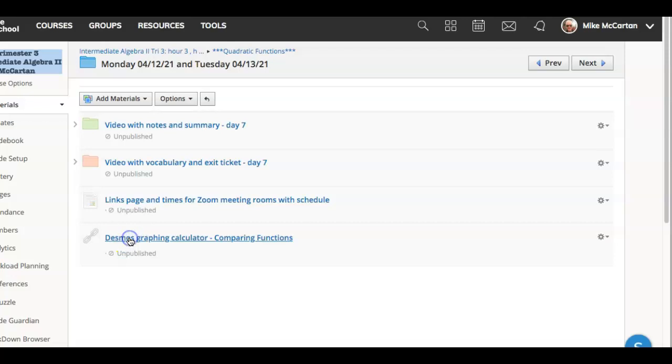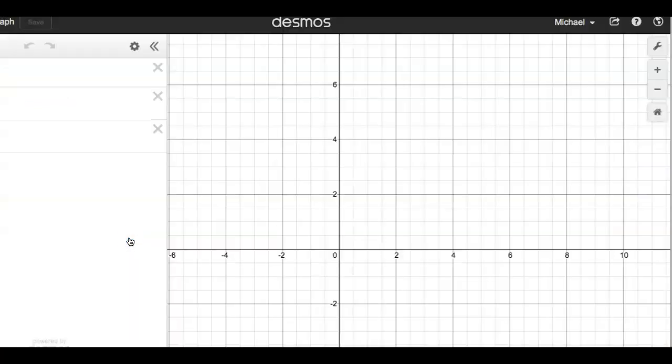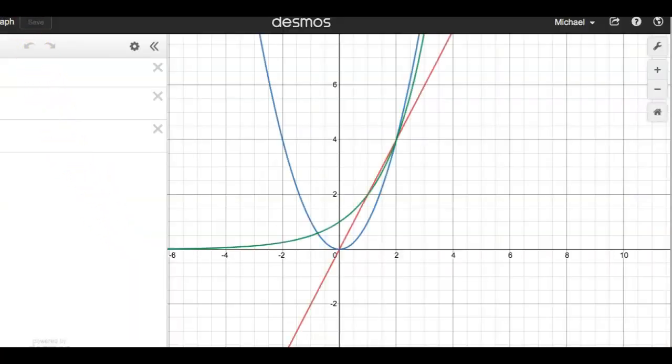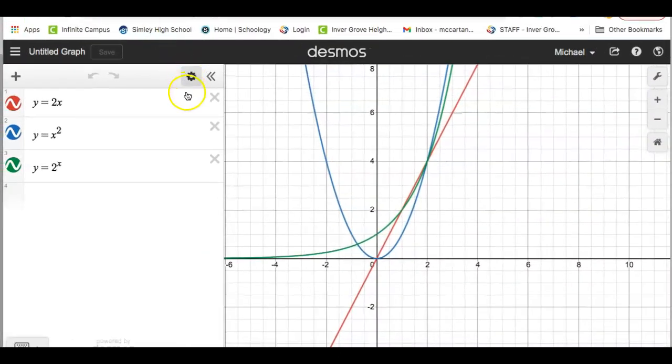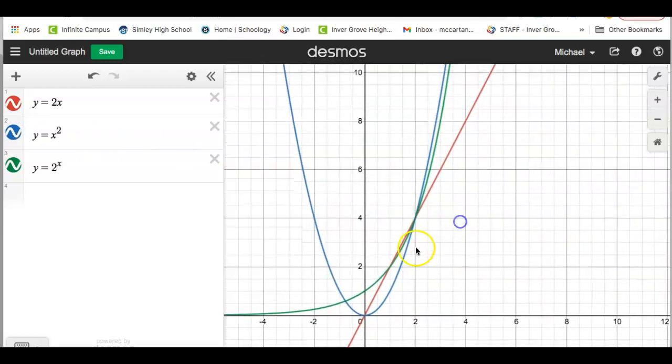This link, if you click on it, will open up so you can look at it. And again, you can get rid of the linear one, or just get rid of the quadratic for a minute and look at what those two look like and bring it back. All right? I really would like you to get to know this.